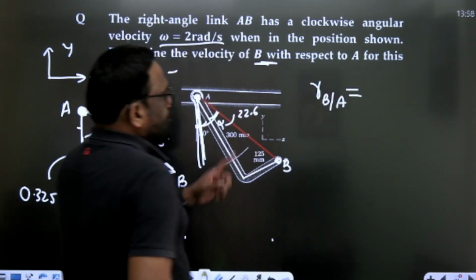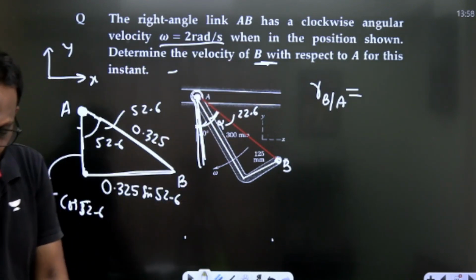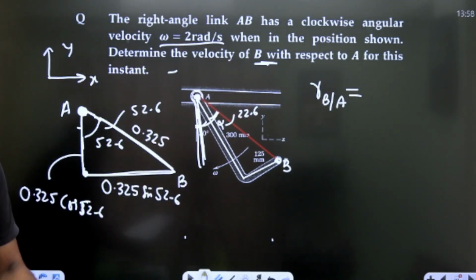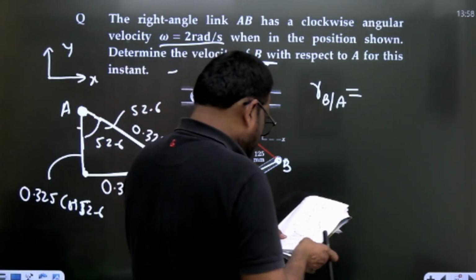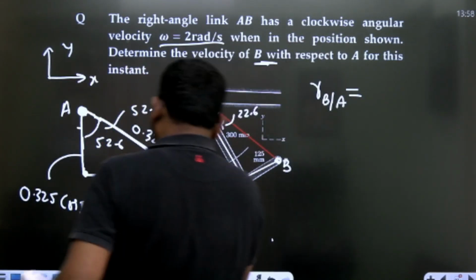तो कितना आ रहा है सर? Position of B with respect to A. So if I do that, I will get, एक सेकंड, ये length आ रहा है सर.